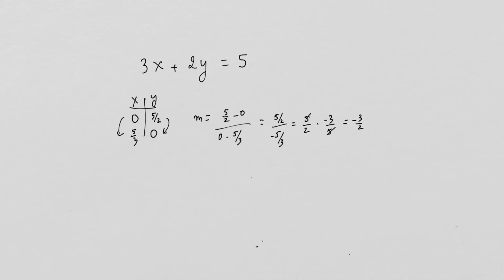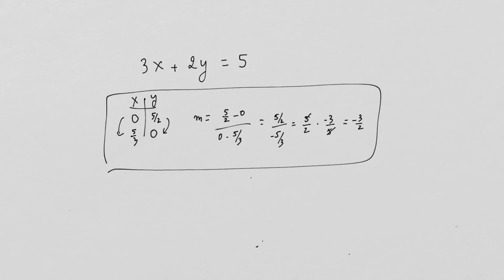In other words, if this 5, which came from this 5, was a 6, the 6 would get canceled, wouldn't it? That means that 6 would be irrelevant. So in going through this process to find the slope, I didn't need the 5, did I?